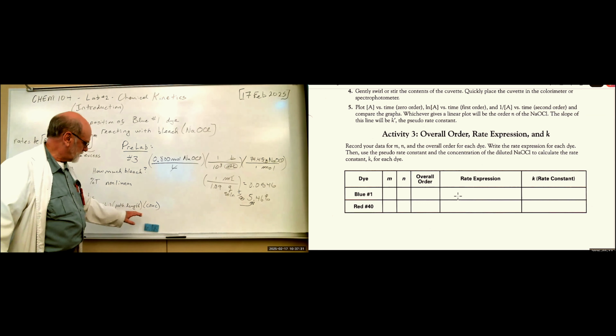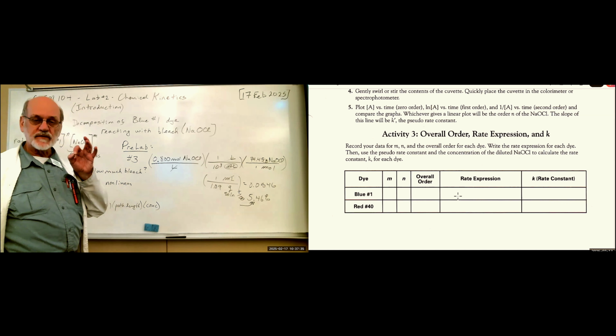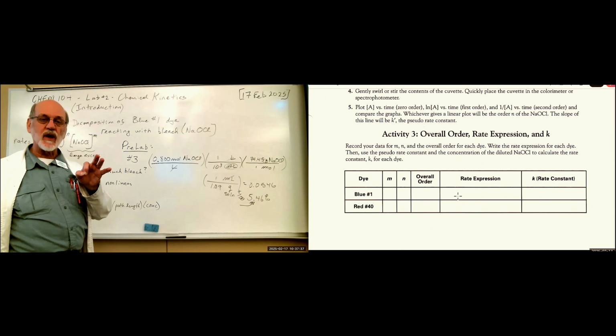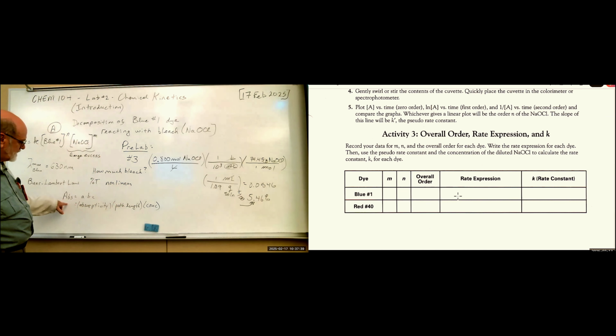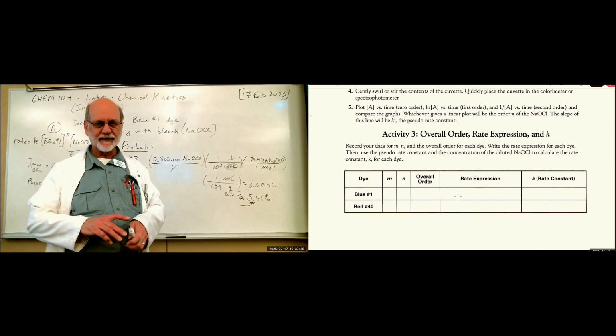So we're going to use absorbance instead of concentration, and we know that according to Beer-Lambert law, the value of absorbance is a good approximation of the concentration. So instead of blue number 1, this is going to be absorbance of the blue dye to the nth order.